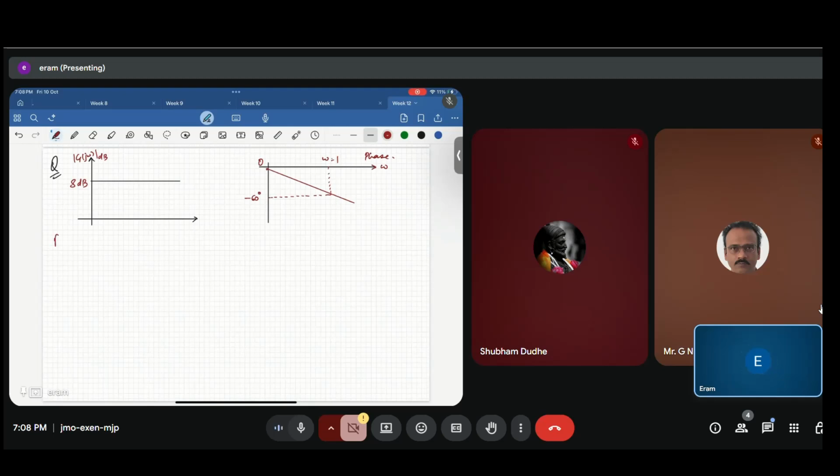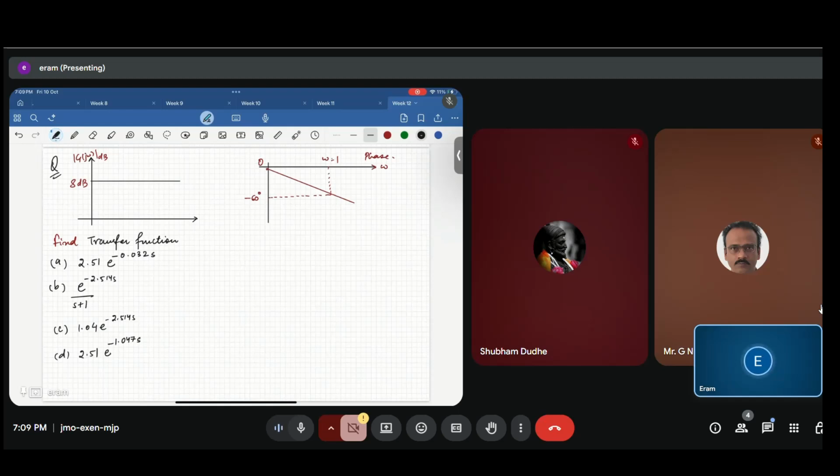So identify the transfer function. And the options are 2.51 e to the power minus 0.032s, 2.51 e to the power minus 1.04s, and so on.